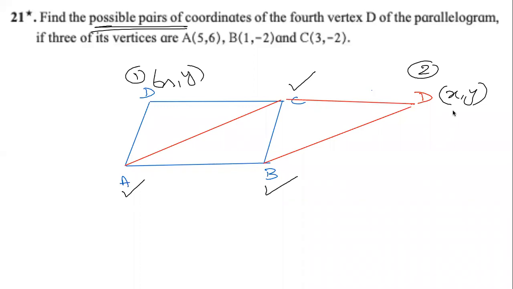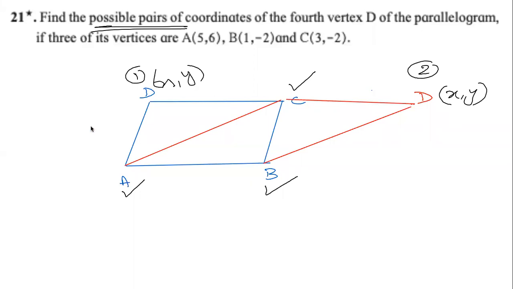Right? So in one parallelogram, which is drawn in blue, AB and CD will be congruent, AD and BC will be congruent. In the other parallelogram, which is drawn in red, AC and BD will be congruent. CD and AB will be congruent.